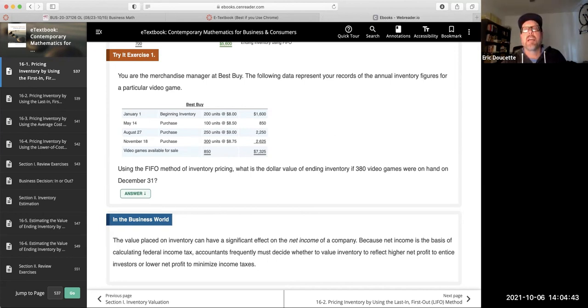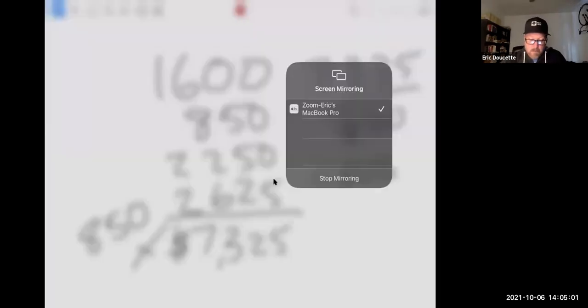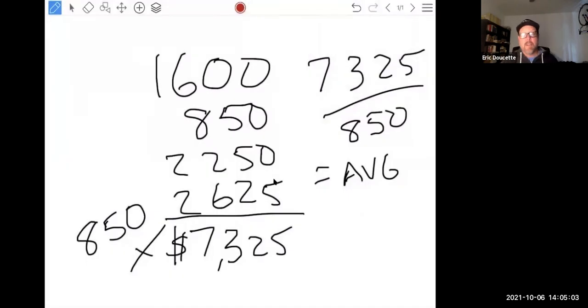So let's take a look at that here in my sheet. Hold on a second. All right, so I added all those up, all the cost of the inventory, and then I divided by 850. So I didn't do the division yet, but I'm just going to do it here on the calculator.